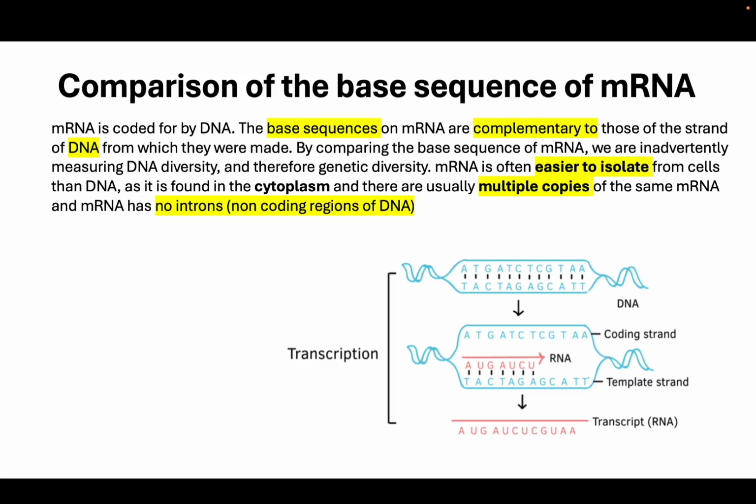And the reason why this could be somewhat easier is because we can have a lot of mRNA in the cytoplasm, and these are easier to isolate compared to the DNA. And the mRNA doesn't have an intron, so an intron is a non-coding region of DNA. And just as a reminder, I've put the diagram in the bottom right, which shows how DNA and RNA are related.